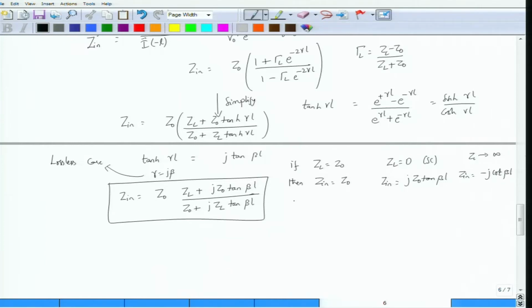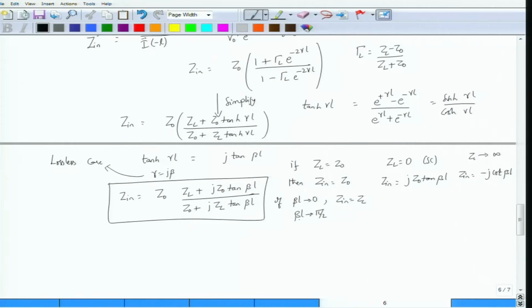Okay. Further, when beta L goes to 0, that is when the length of the transmission line is made very small, then tan of beta L goes to almost 0, therefore, this will go away, and what you have is Zin equal to ZL. There is probably not much of a surprise in this expression. But what might be surprising to you is when you take beta L to be pi by 2.